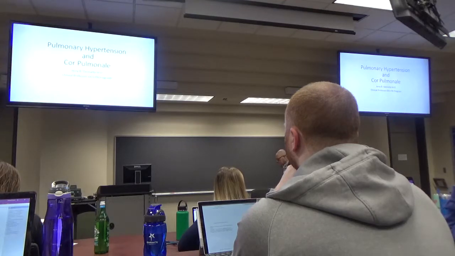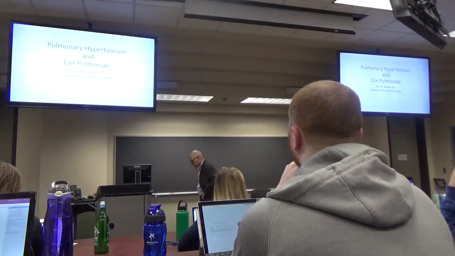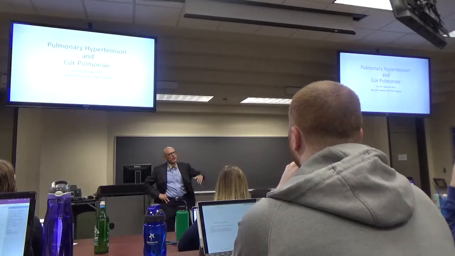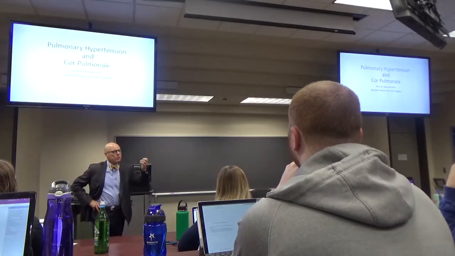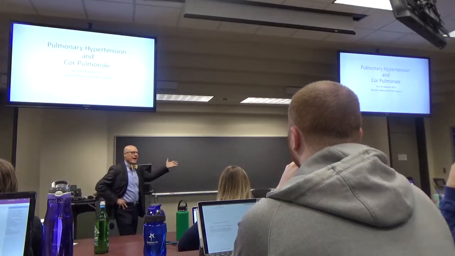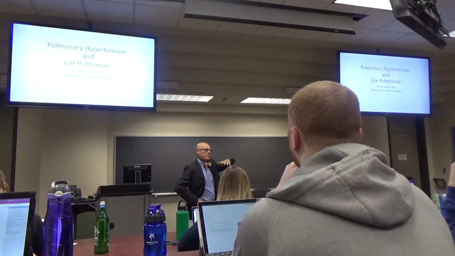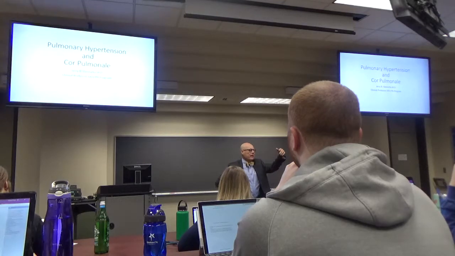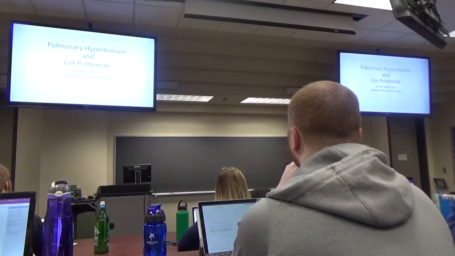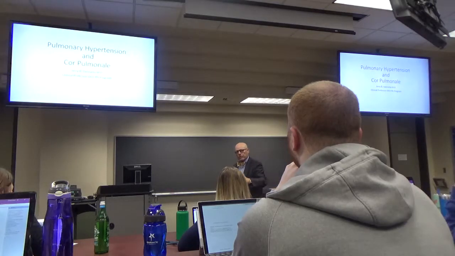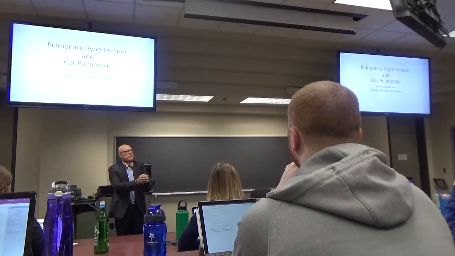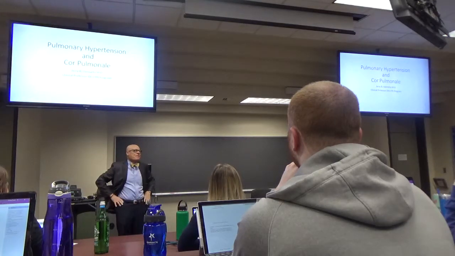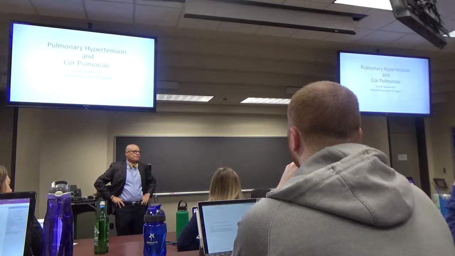As I go through this lecture, try to hold in your mind what's going on. The blood's coming back in the veins and dumping into the right atrium, right? Then at atrial systole it dumps into the right ventricle. And during ventricular systole, it gets shot up into the lungs.